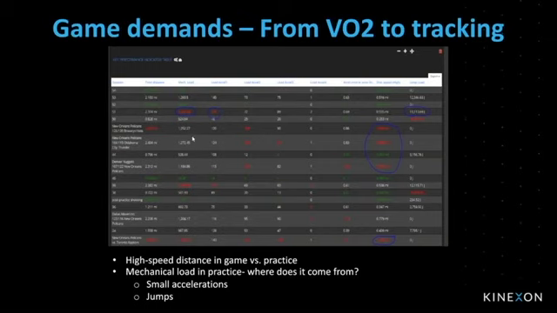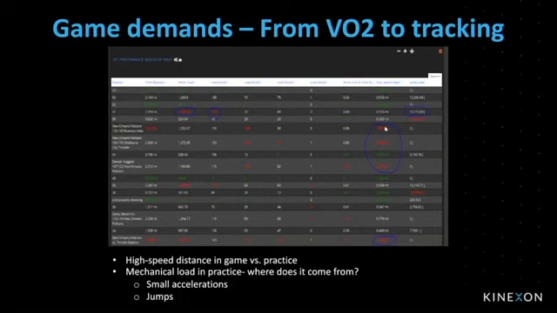Some things that we might start looking at is that we got to pick it apart a little bit more. In this example here, I have over on the side, I'm showing high-speed distance, okay? You see the reds in the high-speed distance? Again, standard deviation above their norm. These three here at the top, and then one down at the bottom, they're all games, all right?